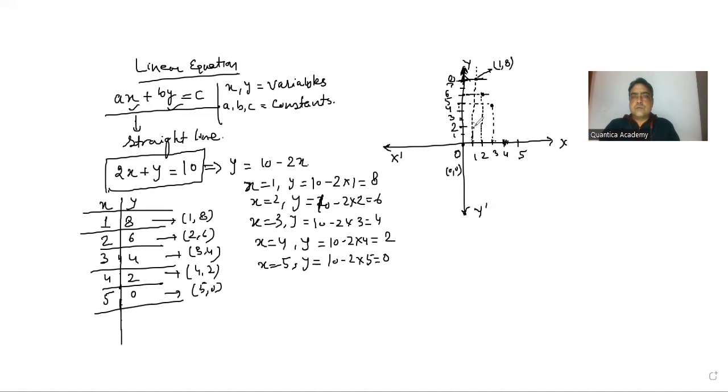For 4 it is 2, so the point will be somewhere here, and for 5 it will be here itself because the y value is 0. When you join these points together, you'll get a straight line. So this confirms that a linear equation represents a straight line, and this straight line is represented by the equation 2x + y = 10.